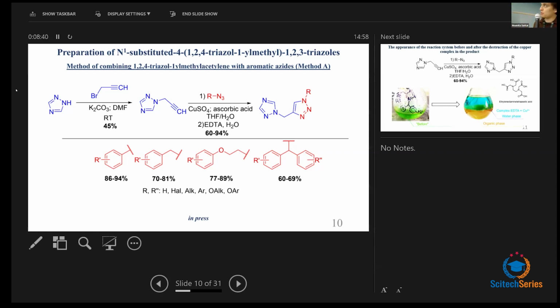By the first stage, we alkylate 1,2,4-triazole by alkyl halogenide. And then we condensate it with organic azides in the presence of copper containing catalyst.